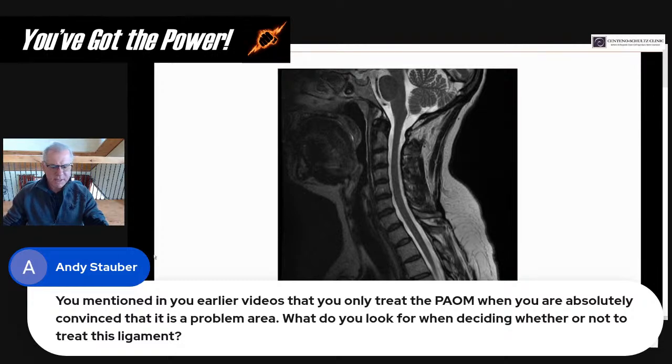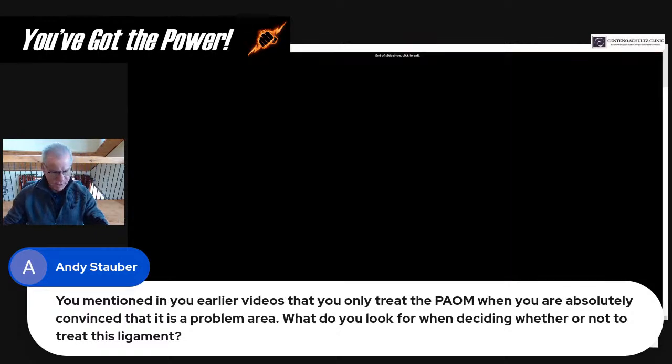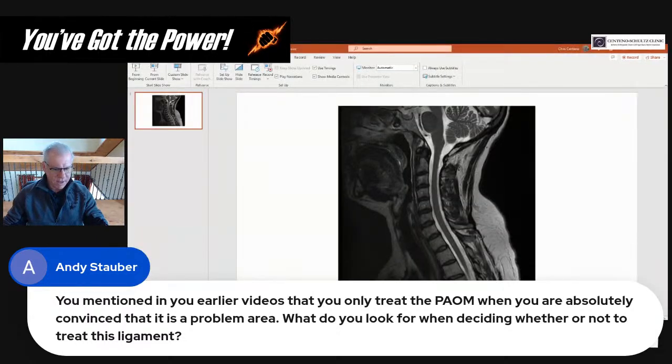So this is the PAOM back in here. The posterior atlanto-occipital membrane. You see part of the rectus capitis posterior minor muscle here. This is the back of the skull. This is C1. It's not giving me something to draw with, so we'll have to do the best we can this way. But bottom line, this is the PAOM.